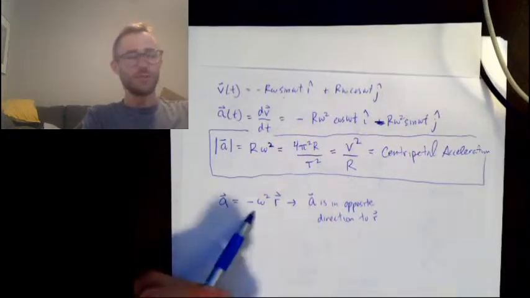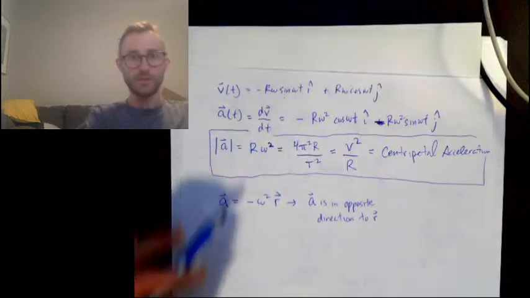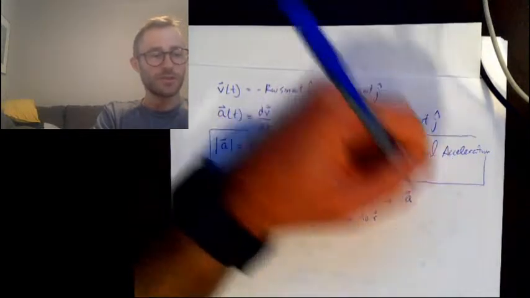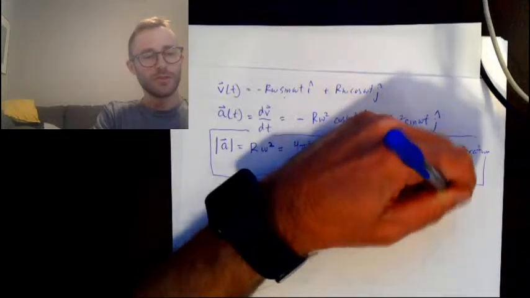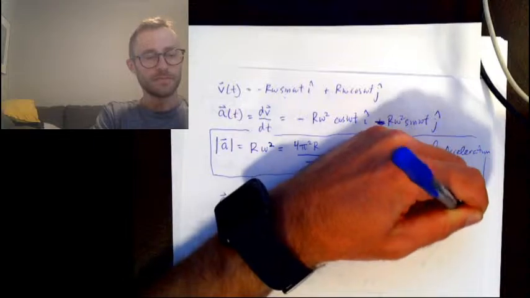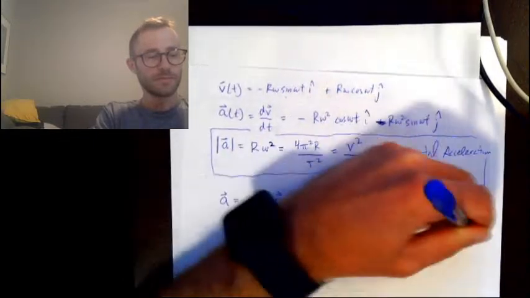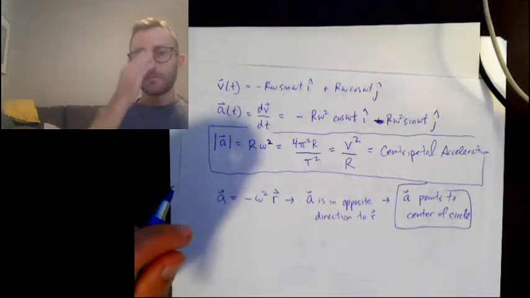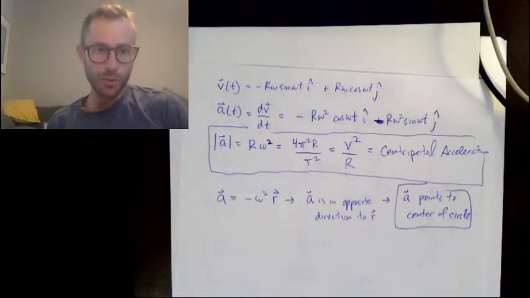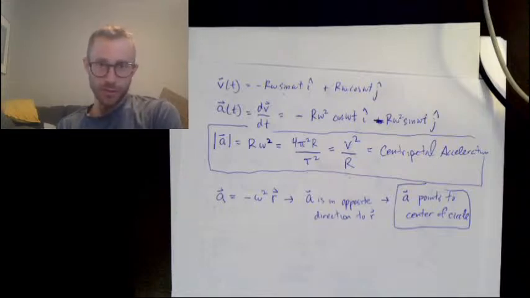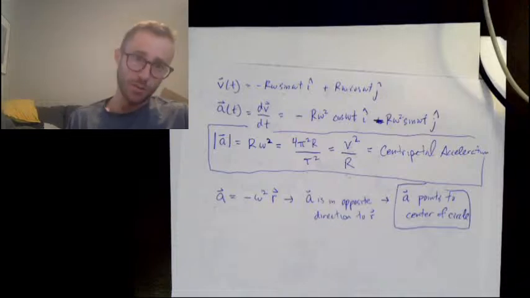A is in the opposite direction to R, so it points towards the center of the circle. Cool. So what I've just done is prove all of the facts that we learned last year about circular motion. I think that's kind of neat. I hope you enjoyed that.